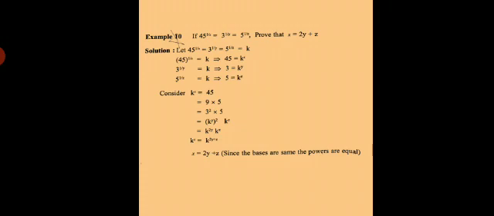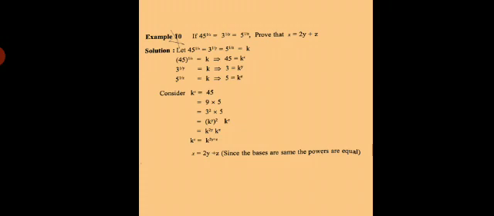on both sides take the xth power, you get 45 raised to 1 upon x will get cancelled with the power x, and only 45 will remain, that is equal to k.